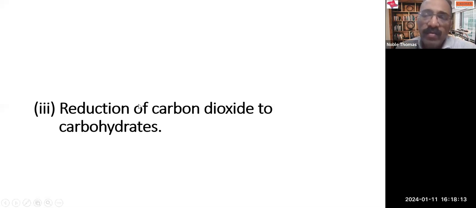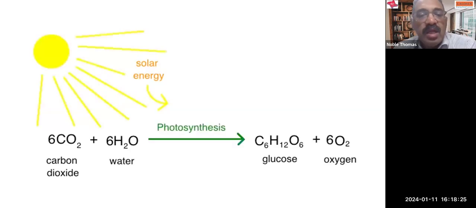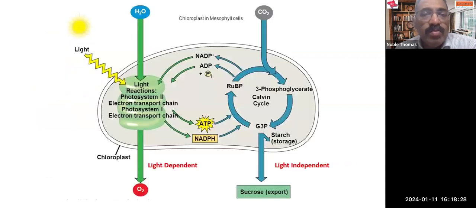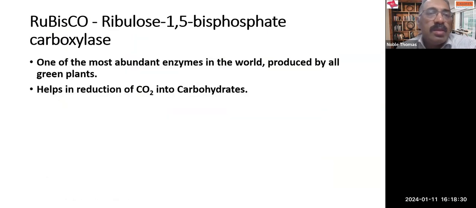The third step involved in photosynthesis is the reduction of carbon dioxide to carbohydrates. That means addition of hydrogen into carbon. One of the chemicals that is helping in this entire process is rubisco. It has got many names like ribulose bisphosphate, ribulose 1,5 bisphosphate, or rubisco, these kinds of terms are used for this chemical.